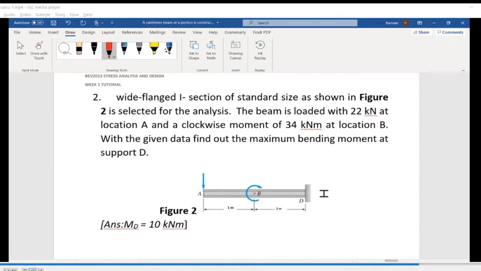The second question, which is displayed there, you just copy down: a wide flanged I-section of standard size. Good, thank you, Jason. One by one, please switch on your camera and start doing it. Very simple, same procedure. You can check the answer. If not, I will work it out, don't worry. Make an attempt. Practice makes you perfect.